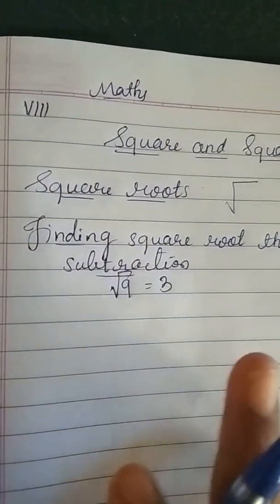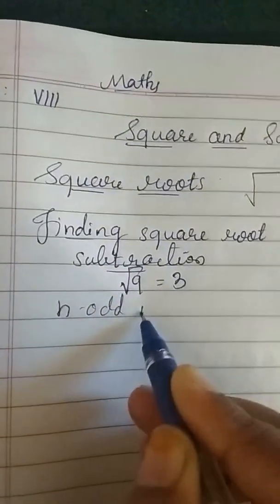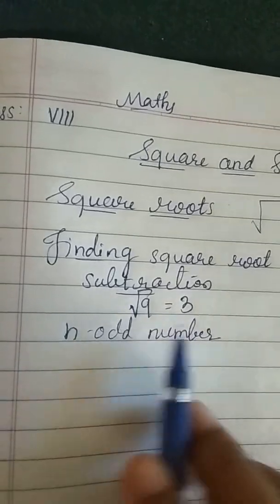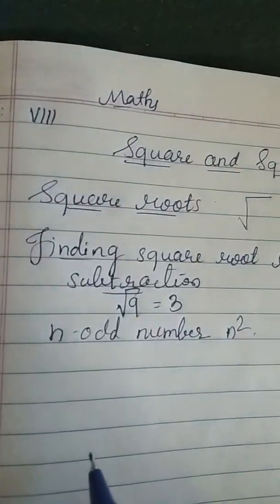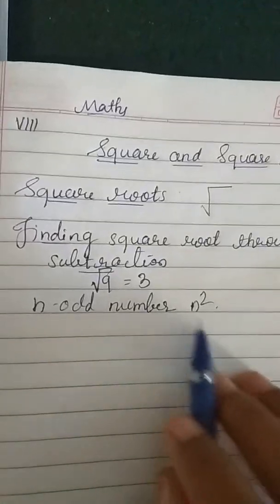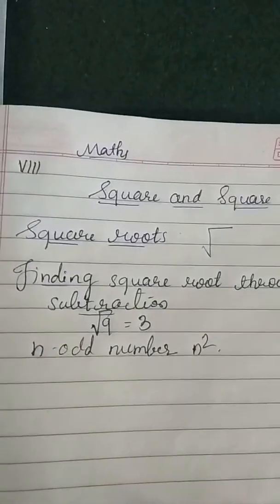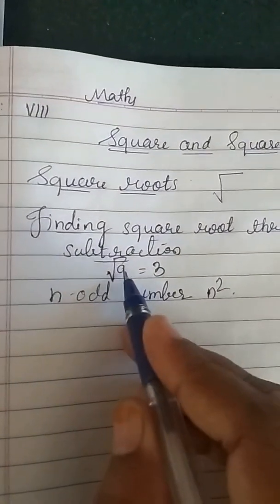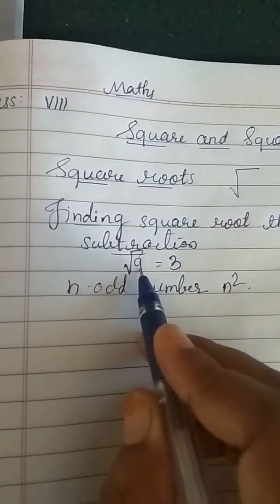Do you remember that the sum of the first n odd natural numbers is n square? That is, every square number can be expressed as a sum of successive odd natural numbers starting from 1. So let us find the square root of 9.